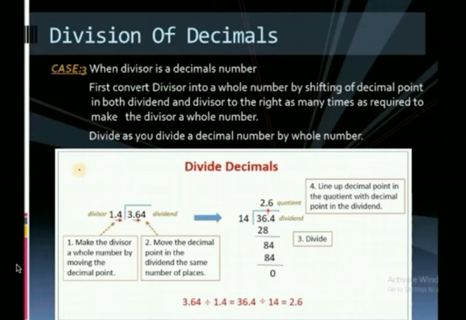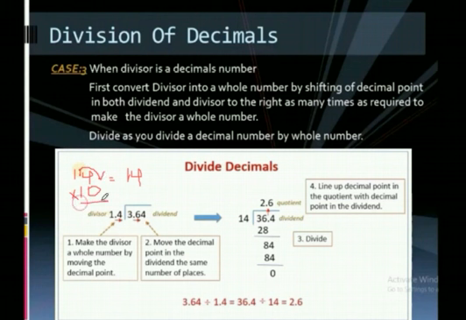If I shift the decimal point to the right side, it is 1.4. So if I shift this decimal point to the right side, this will become what? 14. This is a natural number. How can I shift this? By multiplying this by 10, because I only have to shift the decimal point once to the right.